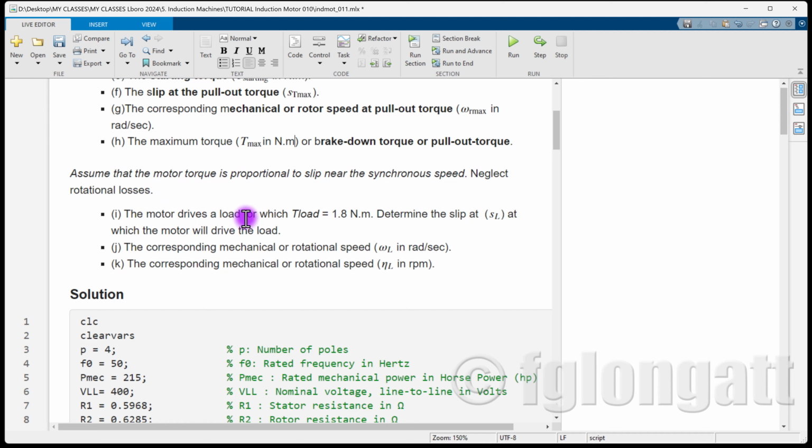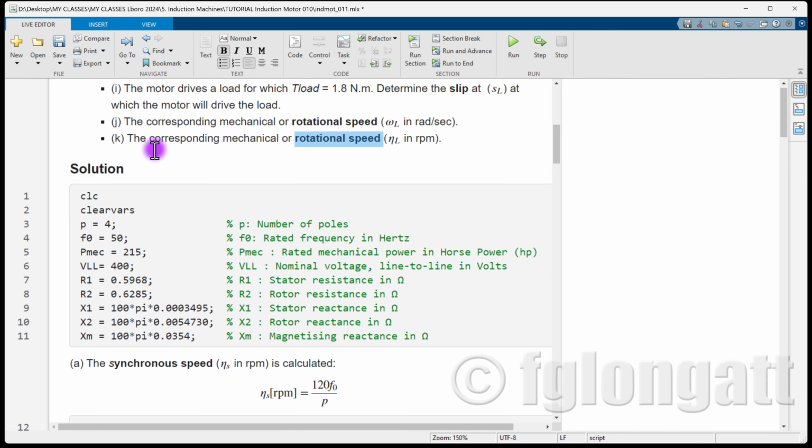So now we are given a condition: the motor drives a load of 1.8 Newton meters. Determine the slip at this load condition, then the mechanical or rotational speed in radians per second, and finally the rotational speed in RPM.